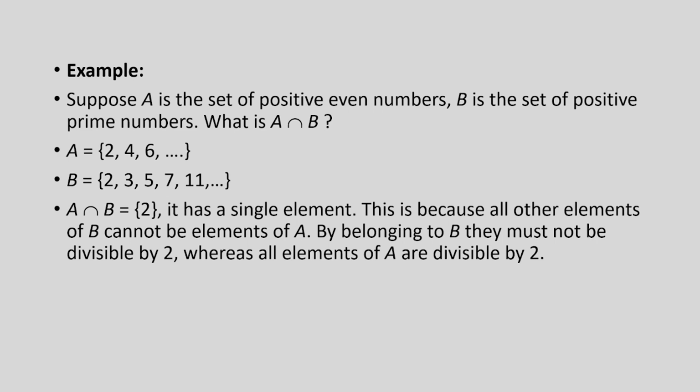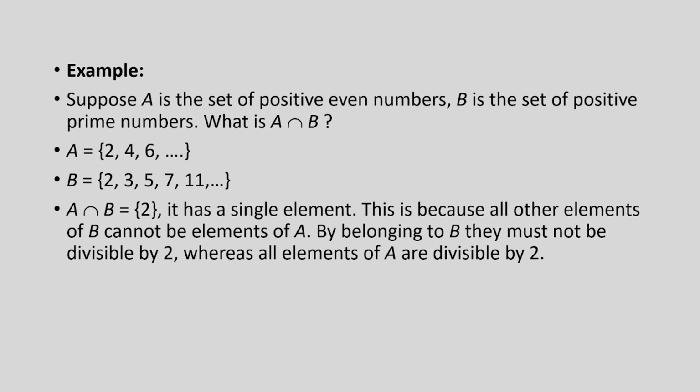Interestingly, these two sets are infinite sets, so you might think that there will be a lot of elements in the intersection set. But here it has only one element, it is just 2.